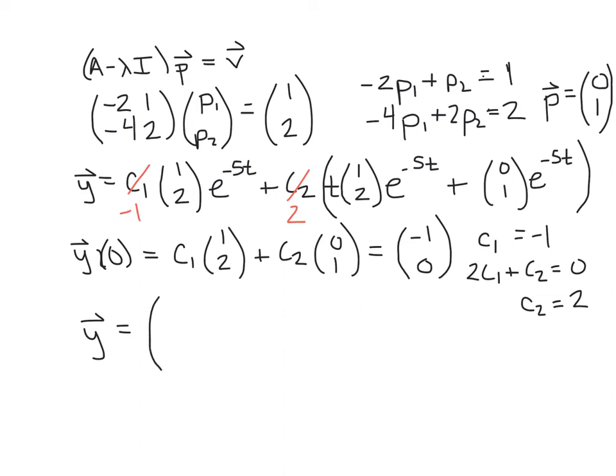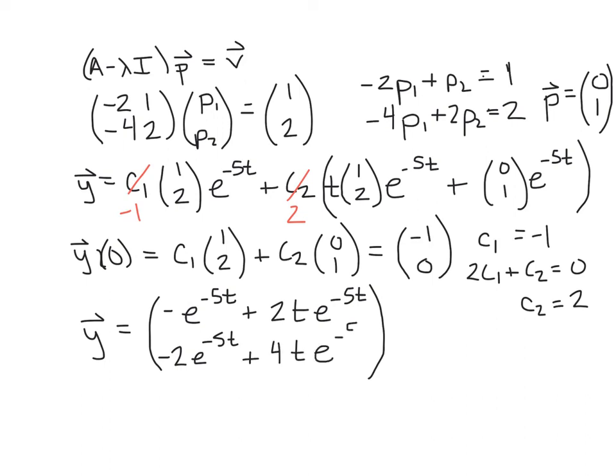So on the top, I've got -1 times 1 times e. So that would be a negative e to the -5t. Then I've got plus C2 is 2. So 2 times 1 is 2t e to the -5t. And then I've got a 0. On the bottom, I've got -2 e to the -5t plus 2 times 2 is 4t e to the -5t.